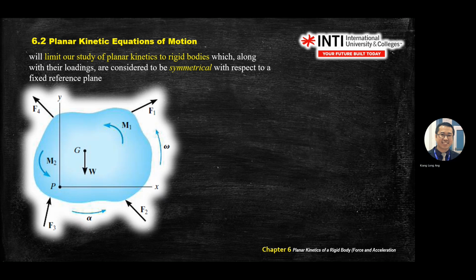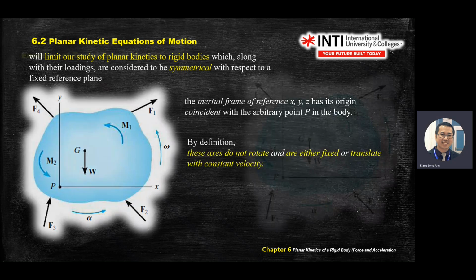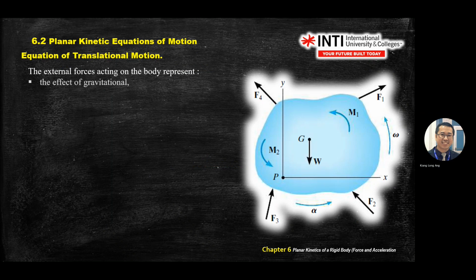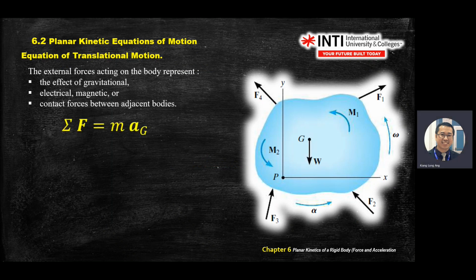But both AT and AN have their own equations: alpha R and omega squared R, in terms of alpha and omega. By definition, all this you read. This is just information.